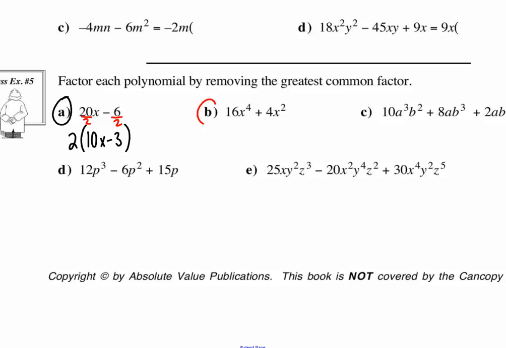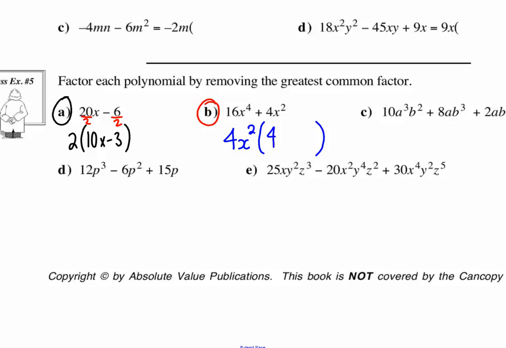Okay? B. What can we divide both of those by? 4 and then x to the power of 2. So we want to figure out what is left over when we factor that out. 16 divided by 4 is 4.